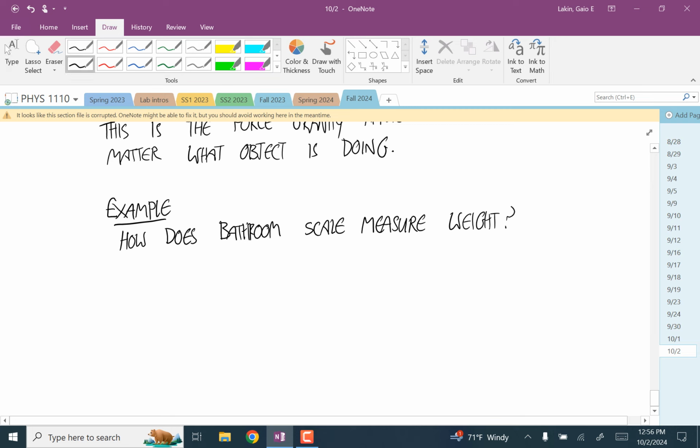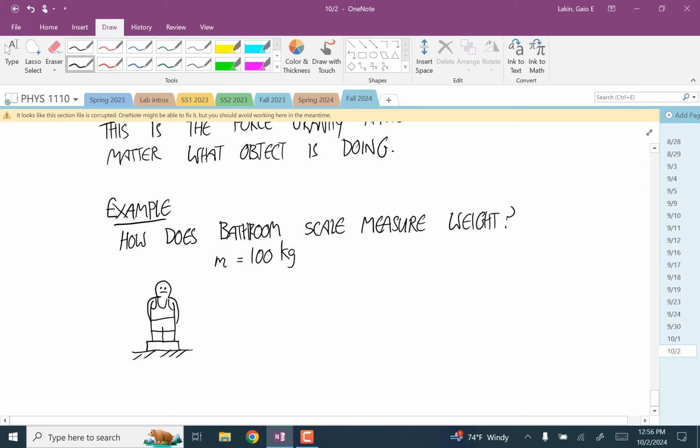So let's say that there's a scale on the floor and a person on the scale. Let's say the person has a mass of 100 kilograms, just to make the calculations easy. Okay.